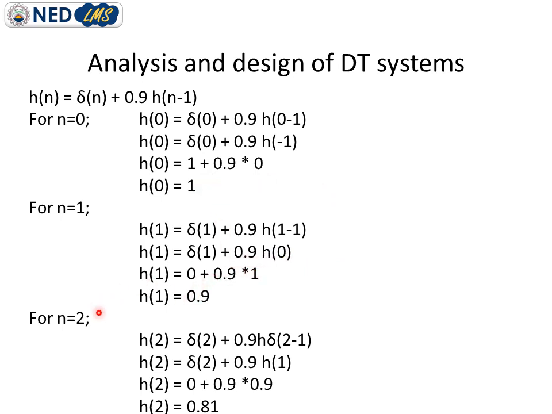And you can imagine, if we calculate it for n is equal to 3, it will again come as 0.9 multiplied by h of 2, and h of 2 is 0.81. So 0.9 will be multiplied with 0.81, so we will get 0.729, and this step repeats forever, and it will not converge to any point, but it will remain present for infinite values of n.